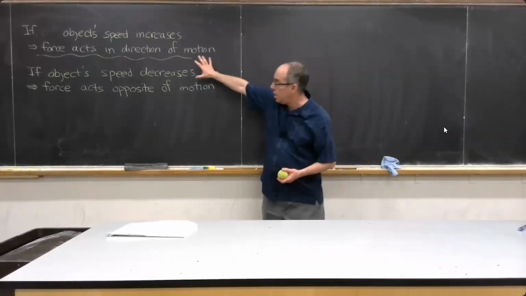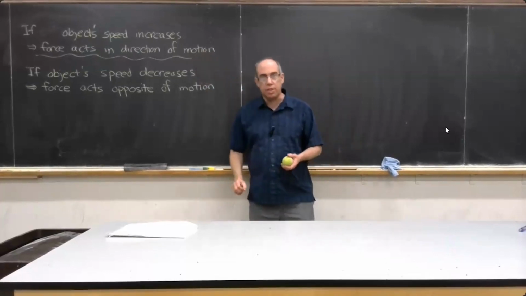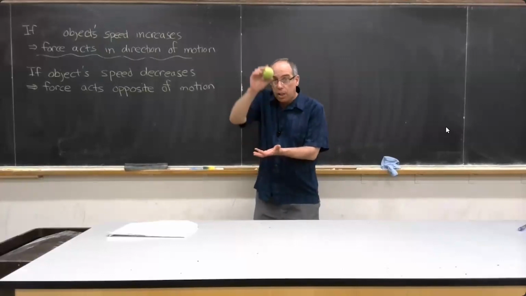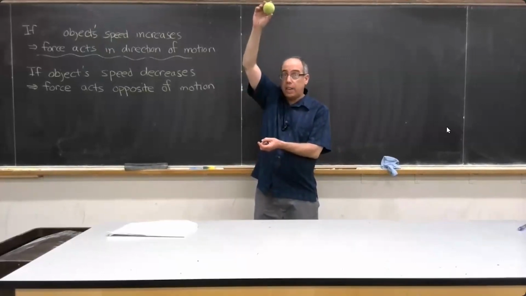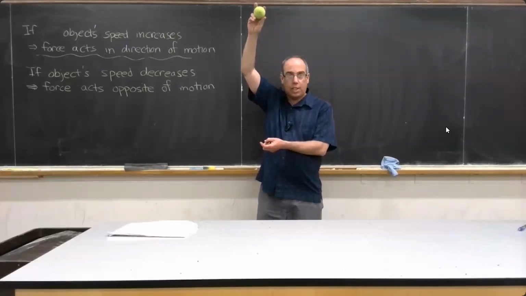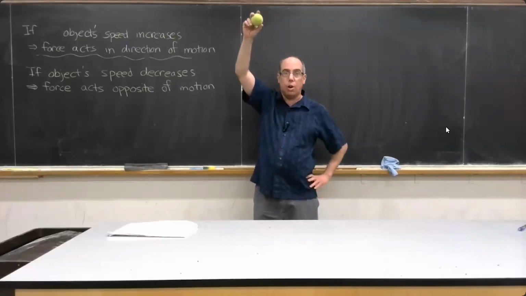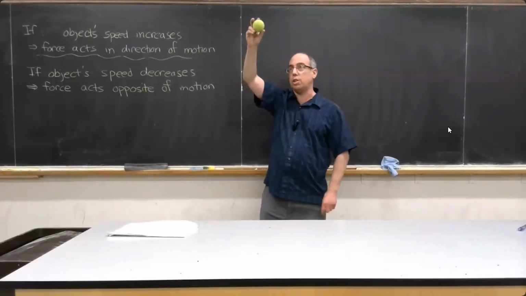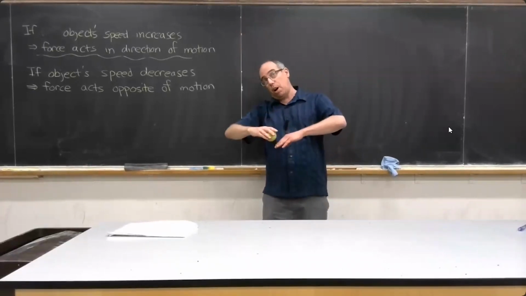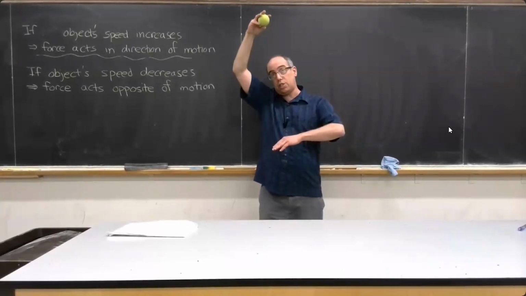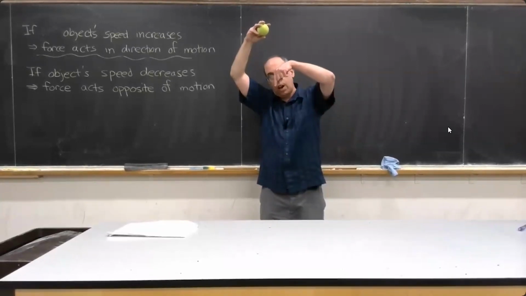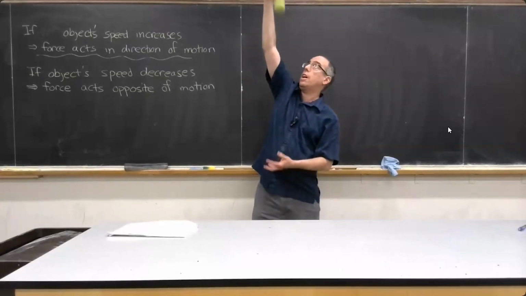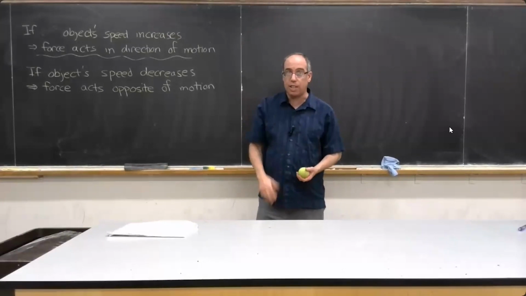Now let's put it together with this idea from the previous video and see what we can learn. When the tennis ball is on the way up, it's getting slower. What does it tell us when we see an object getting slower? It tells us that there is a force acting on the object opposite the motion. So if the tennis ball is going up and getting slower, it must be experiencing a force opposite the motion, namely downward. On the other hand, when the tennis ball is going down, it's getting faster.